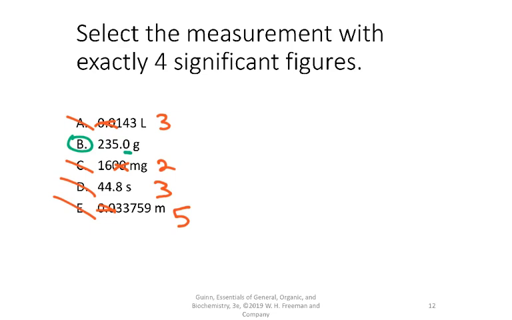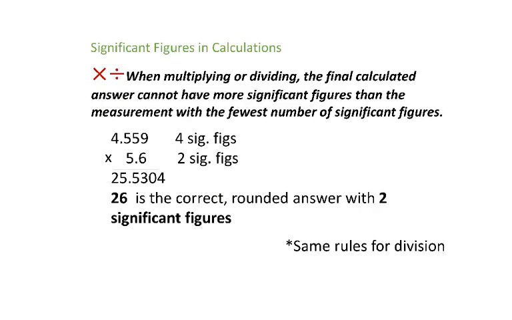I think this is going to be short, so let's power through, and we'll do significant figures in calculations. We'll finally apply it, and see why this matters. One of the sets of rules is multiplying and dividing. If you're multiplying and dividing numbers, then the calculated answer cannot have more significant figures than the measurement with the fewest number of significant figures.